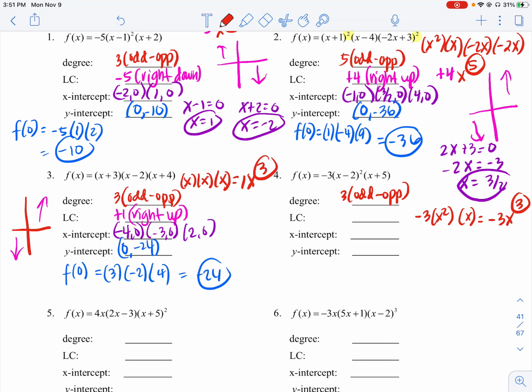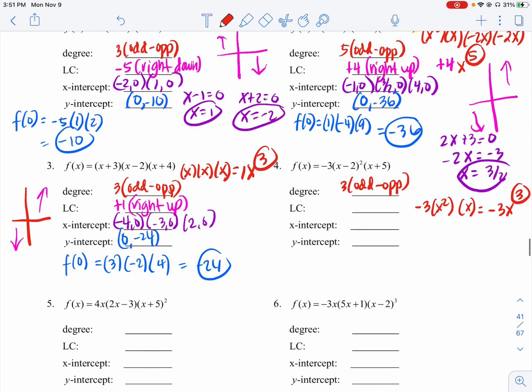It's always odd and opposite, right? Okay, and then for the leading coefficient, we have negative 3, so that's right. It's going down on the right because it's a negative. So going down on the right, that means it's going up on the left because they have to be opposite.